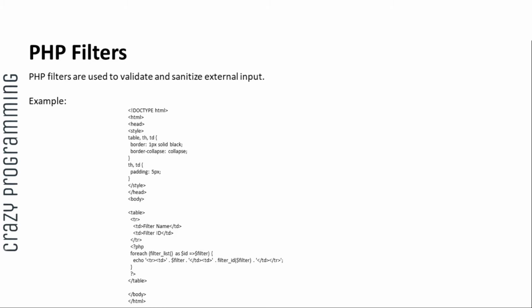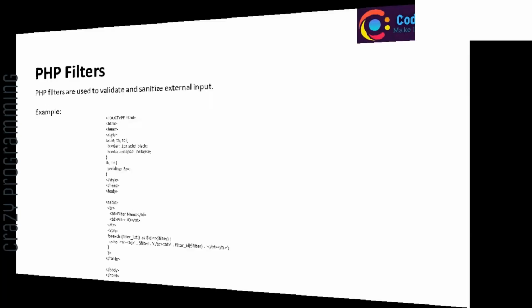Then I use echo tr td filter, then close td, start td, then filter id. So it will show the filters list with ids, what the filters are and what their ids are.